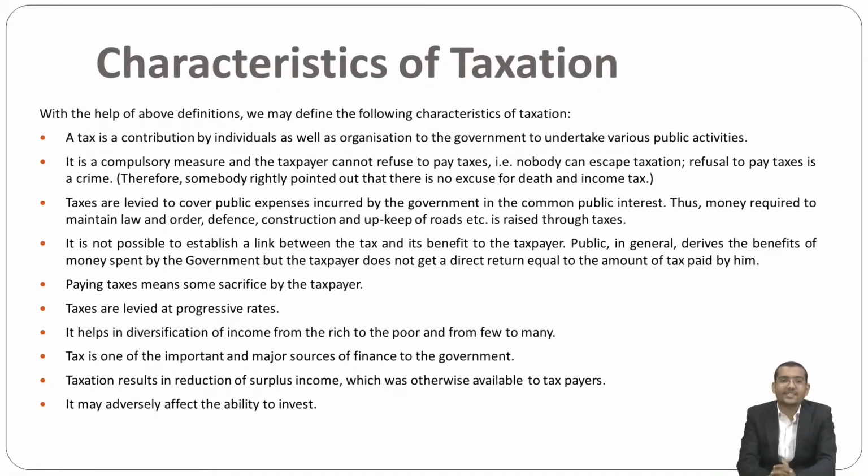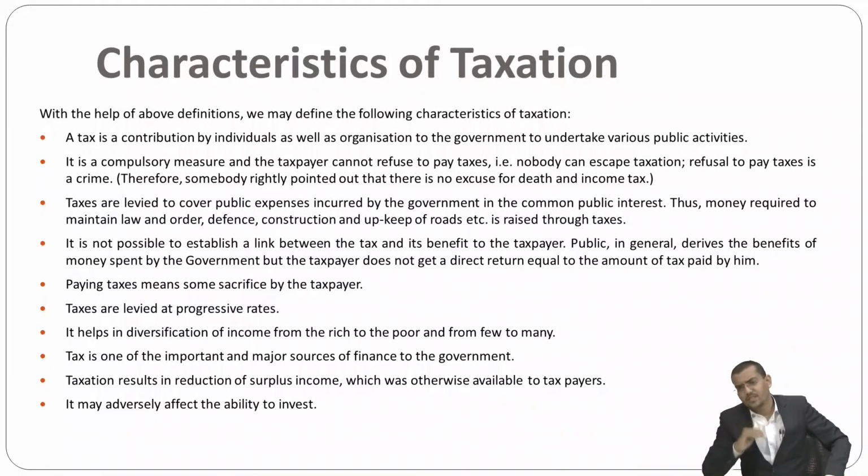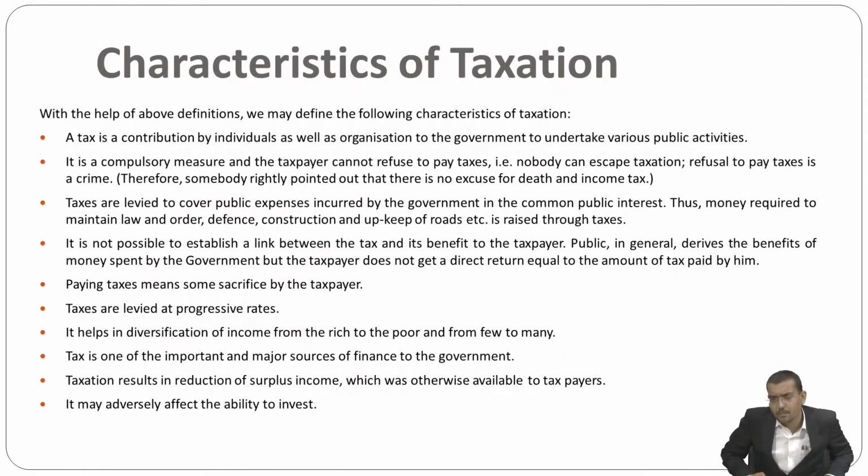The next characteristic, my dear friends, is that taxes are levied at a progressive rate. While the financial bill is presented in Parliament, at that point of time the rate of tax is defined. If there is a change in the rate of tax, then it must be included in that financial bill.